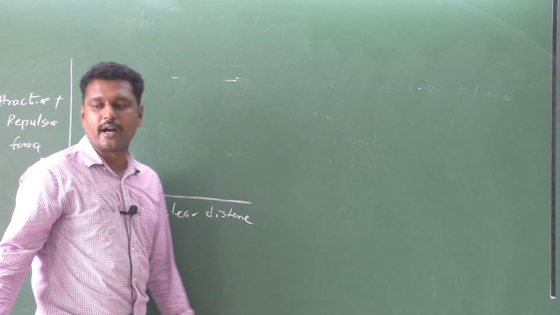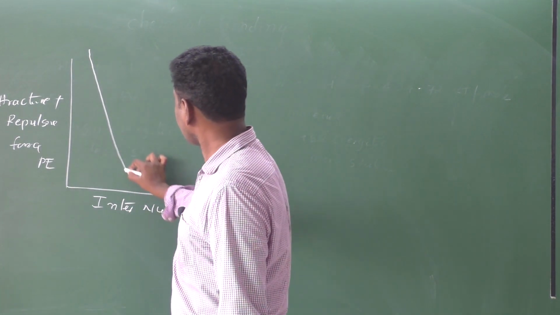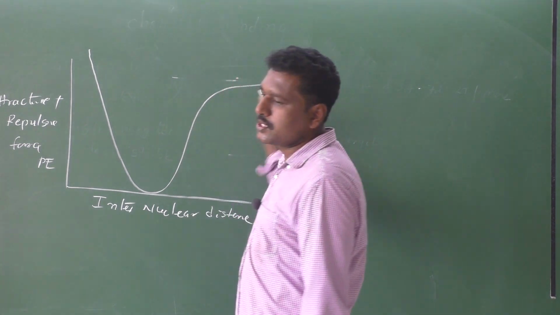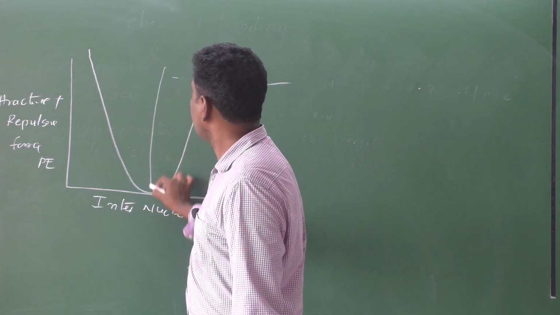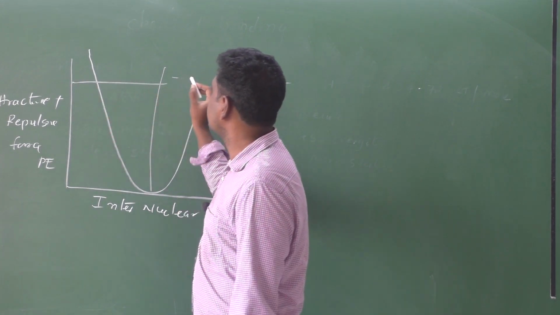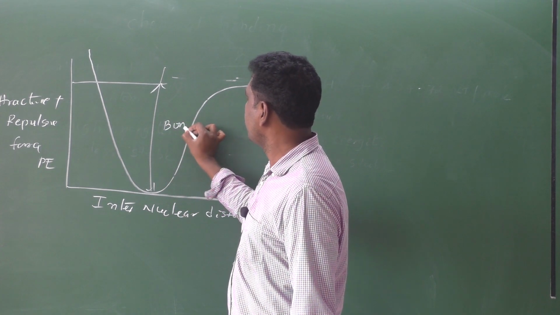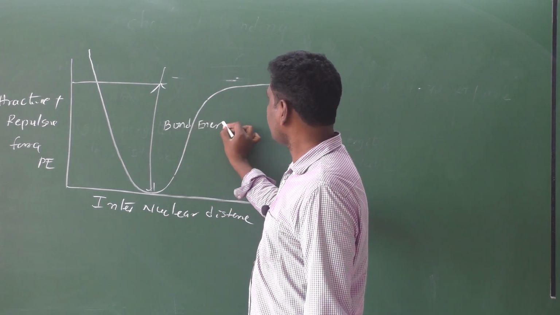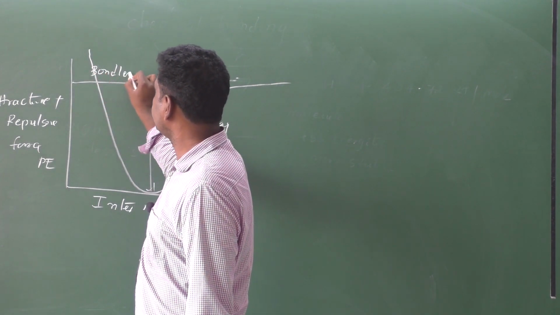When you observe this graph, this is the bond energy and this is the bond length.